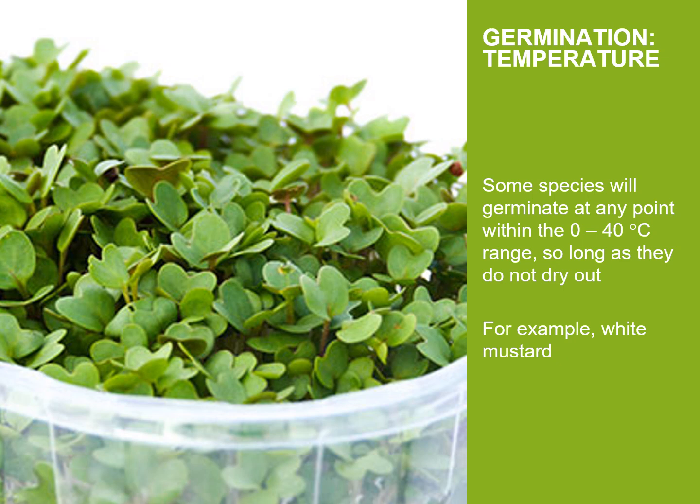Some species have a very wide range which encompasses the entire spectrum of temperatures for germination. So, for example, mustard seeds will germinate at temperatures anywhere from 0 to 40 degrees C, so long as the seeds are not allowed to dry out.